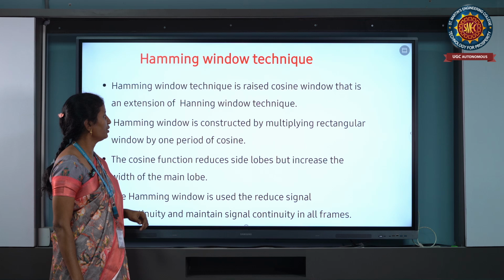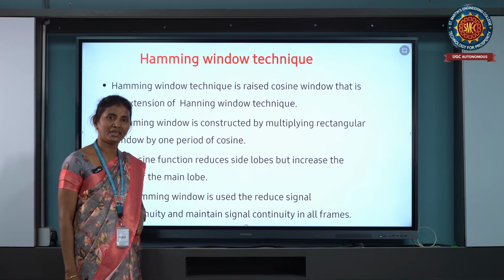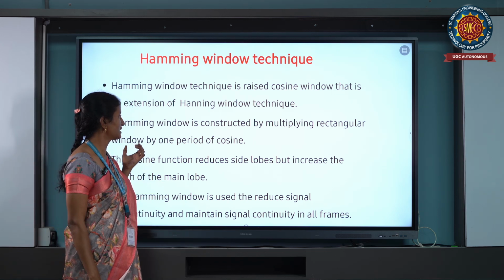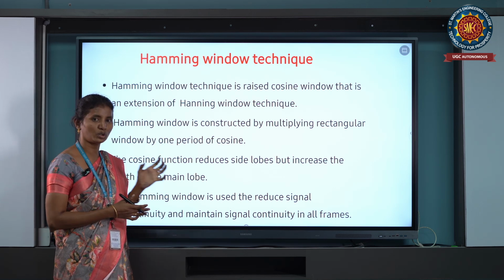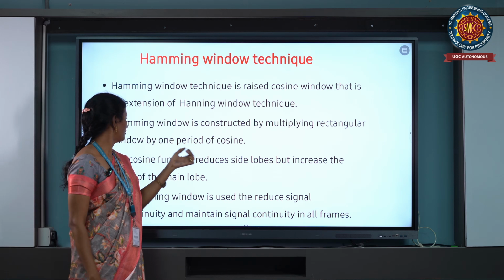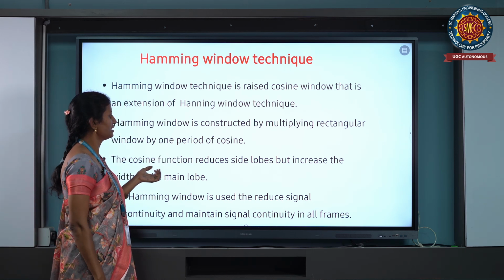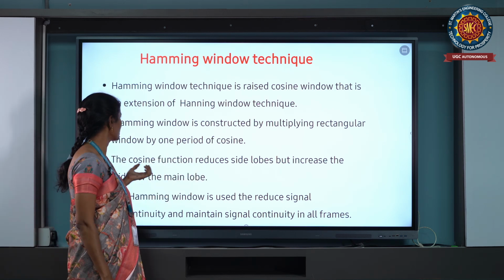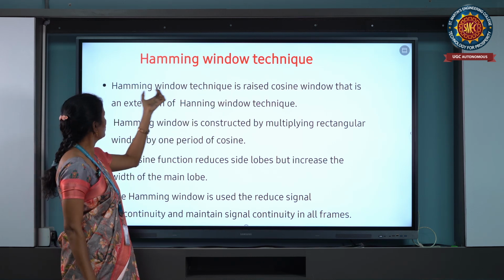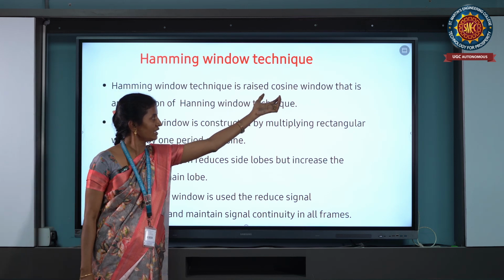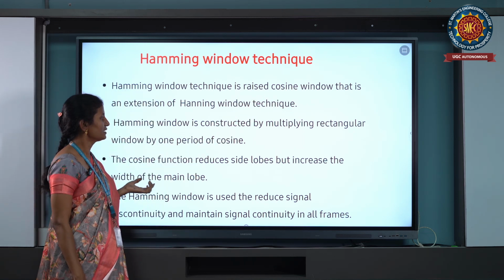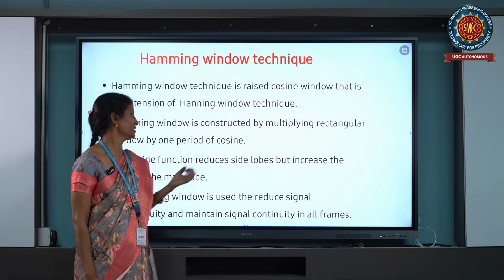The Hamming window is constructed by multiplying the rectangular window by a period of cosine. The cosine function reduces the side lobes; we are using the cosine function to construct the Hamming window. This cosine function is used to reduce the side lobes of the frequency response.